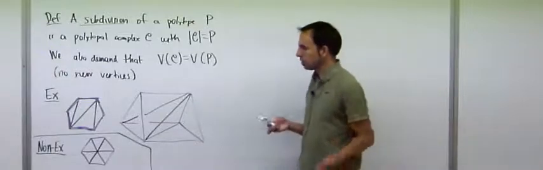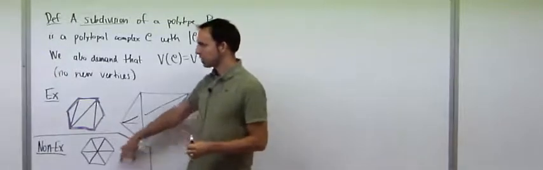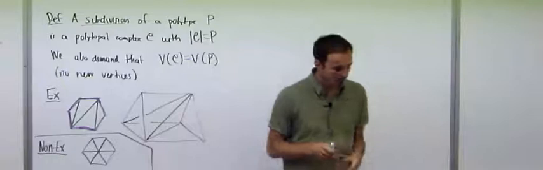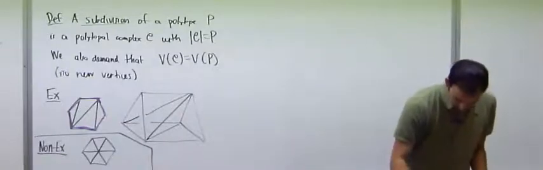The issue here is that even though this is a polyhedral complex, because all these simplices are meeting face to face, the problem is that I've introduced a new vertex, and I don't want to allow that. So this is the kind of thing you're not allowed to do.